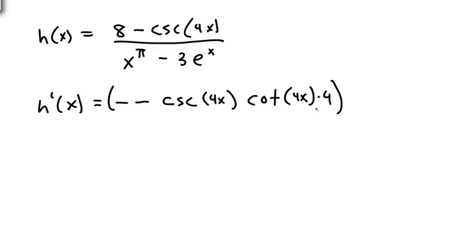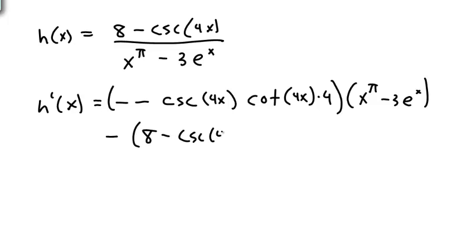So we have bottom times the derivative of the top. Here's the bottom. So bottom times the derivative of the top, minus the top, 8 minus cosecant of 4x, times the derivative of the bottom. x to the pi is just x to a constant.